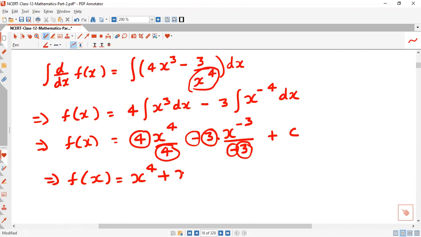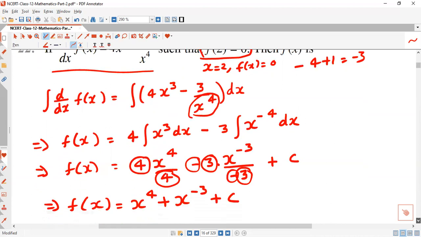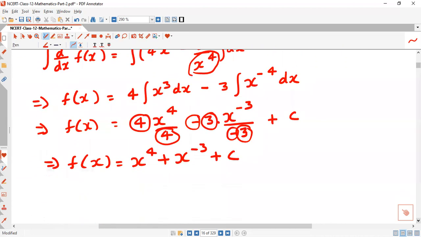So it becomes x raised to minus 3 plus some constant c. Now in the question, a value is given for x: f(2) equals 0. It means when x equals 2, the function f(x) will be 0.